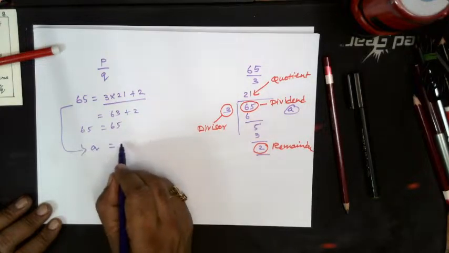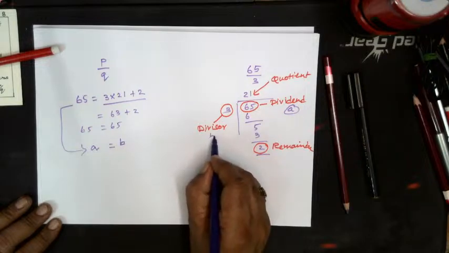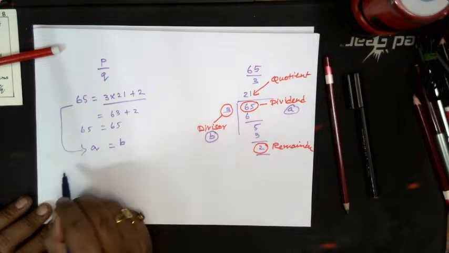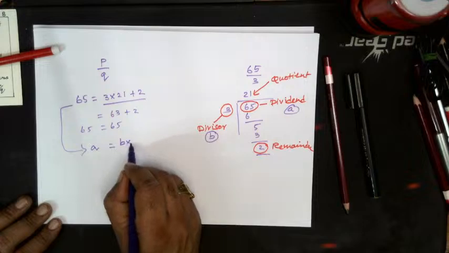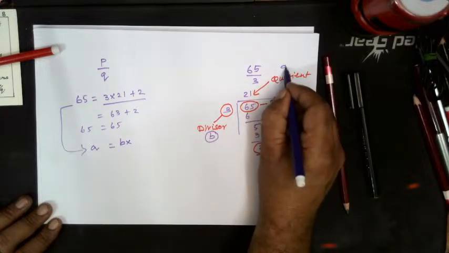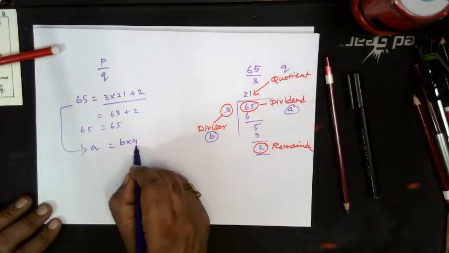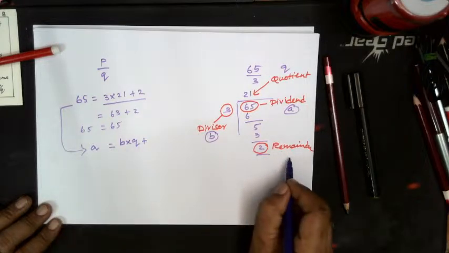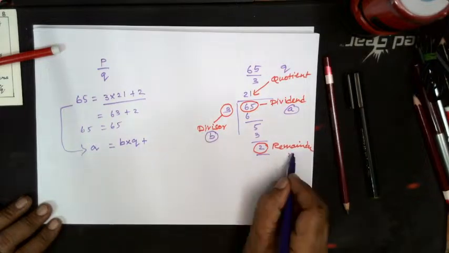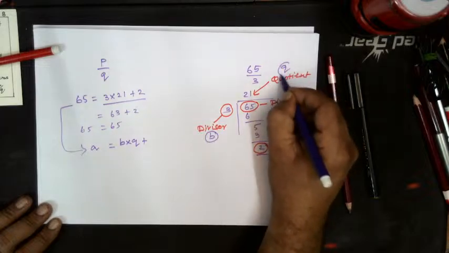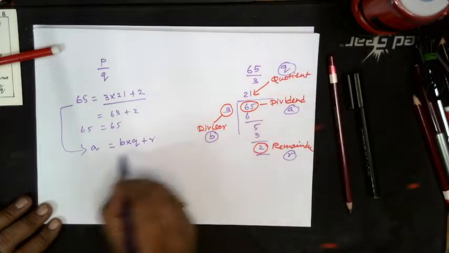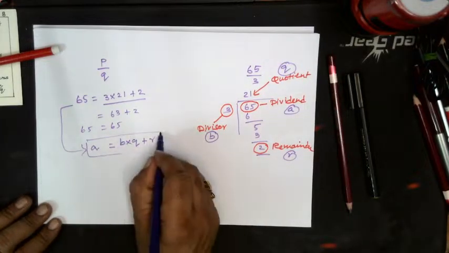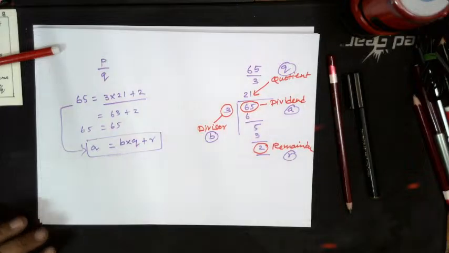So you can put B is the divisor, into the quotient, that is Q, plus the remainder R. Is it clear? Therefore, A is equal to BQ plus R. Got it?